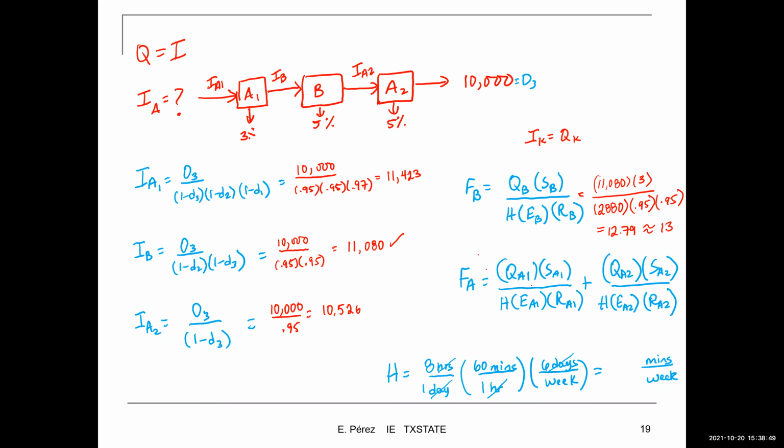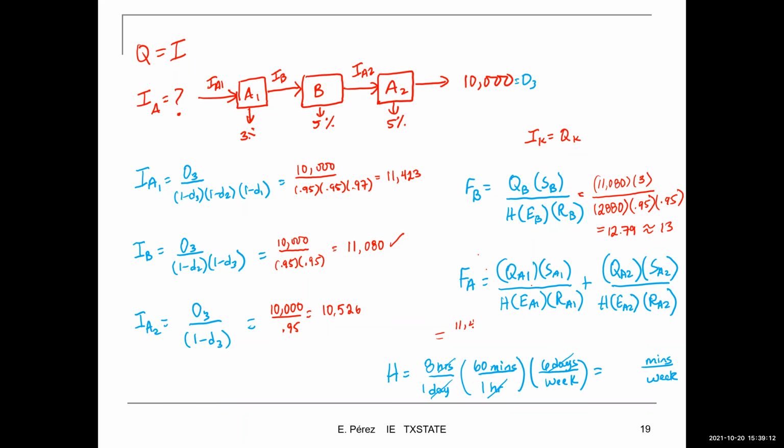Then for FA, we have 2 stations that are requiring machines of type A. So we have the combination for the first station A1 plus the combinations for the second station A2. So for this one, let's see if I can write that here.